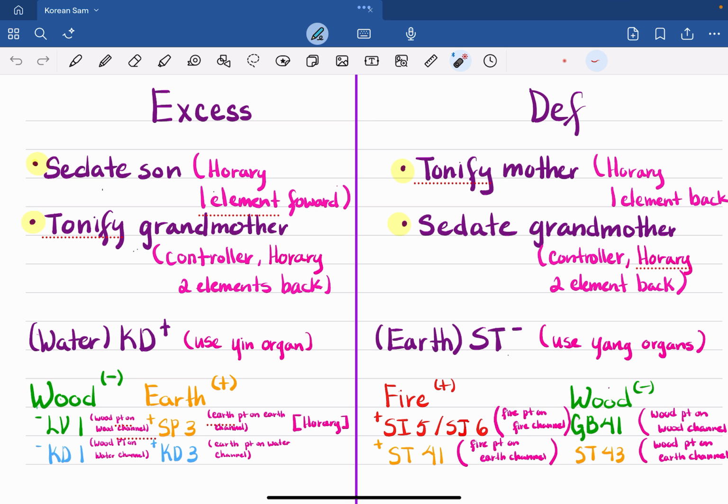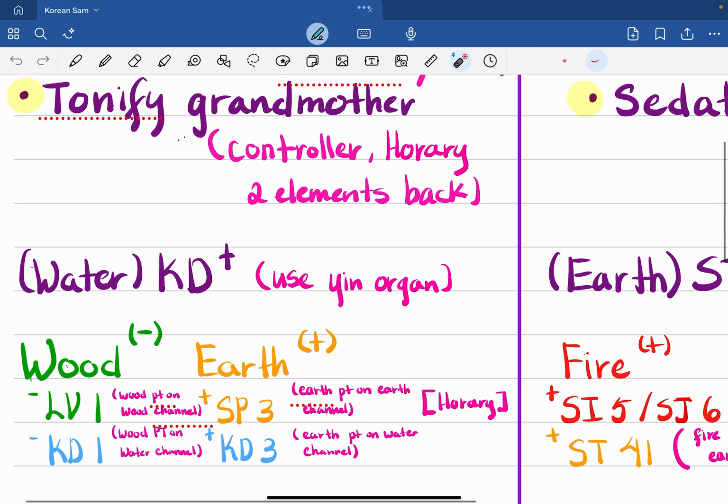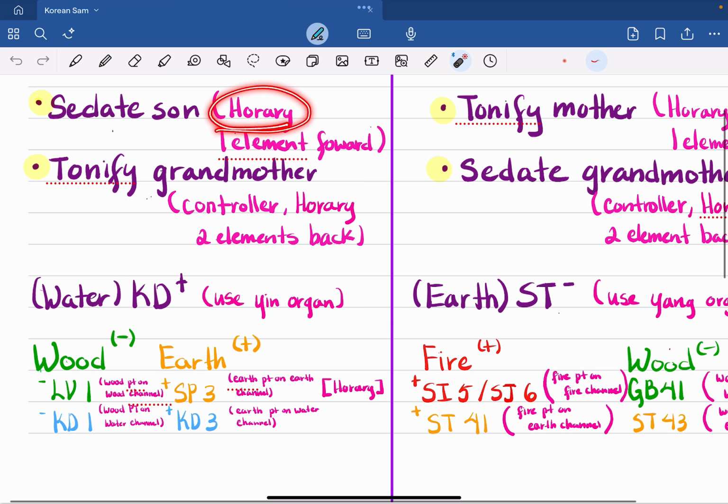What's the yin organ for the wood? It's the liver. So we find a wood point on this wood channel, which actually means the horary point. So the horary point for the wood yin organ is liver 1.